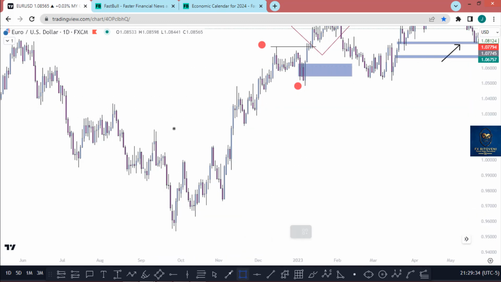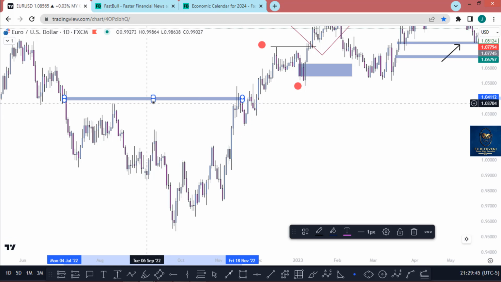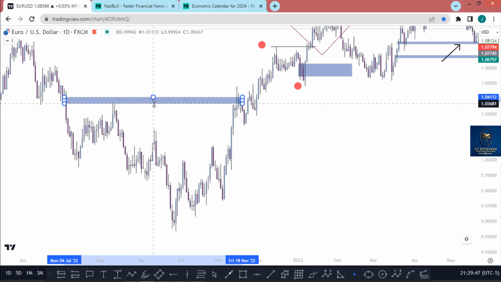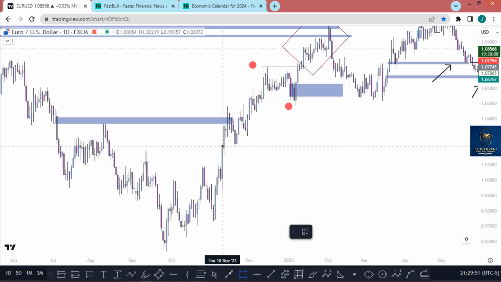For example, look at this week. Here, after filling this level, you have a rejection. The market is pushing down to another zone, from one imbalance to another imbalance.